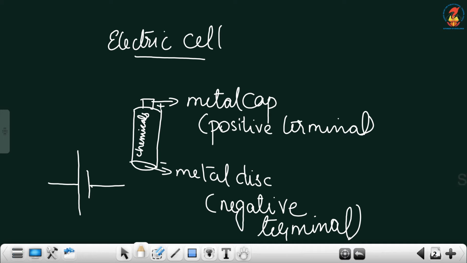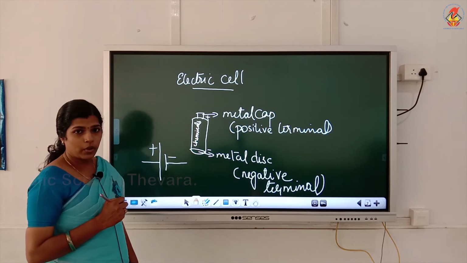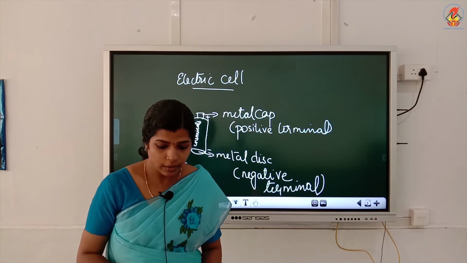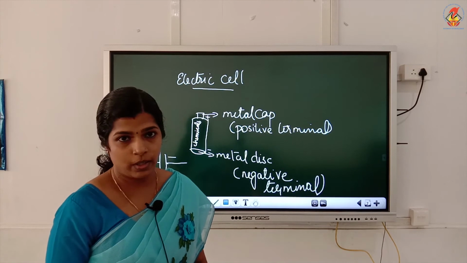The longer line represents the positive terminal and the shorter line represents the negative terminal.